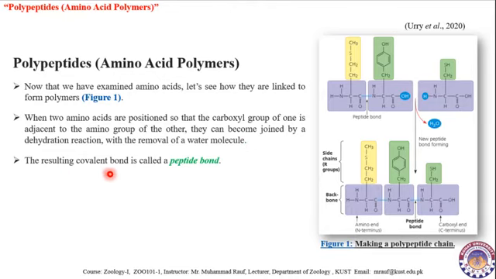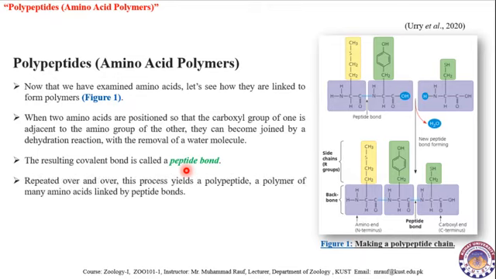The resulting covalent bond is called a peptide bond. So a peptide bond links two amino acids. Repeated over and over, this process yields a polypeptide, a polymer of many amino acids linked by peptide bonds.